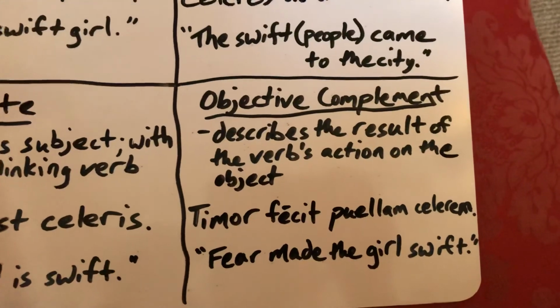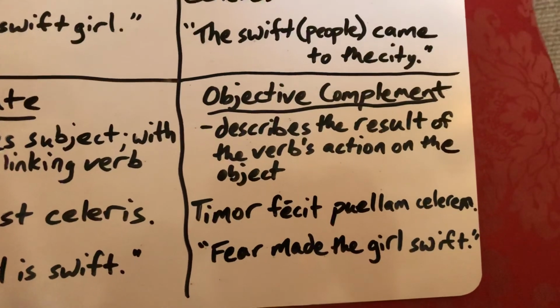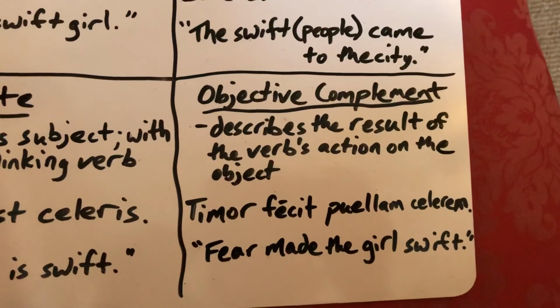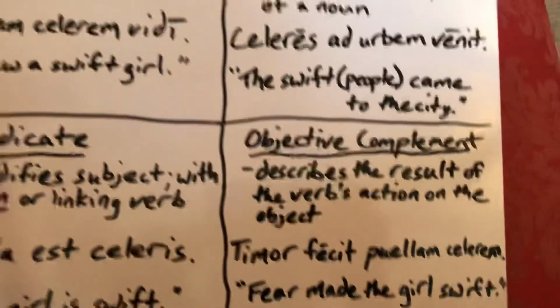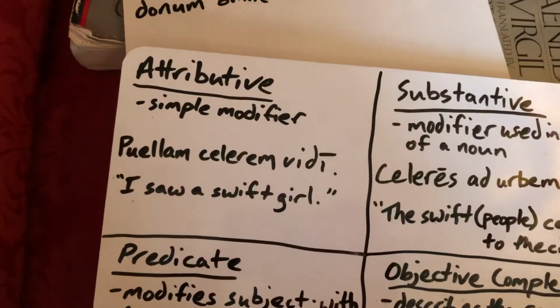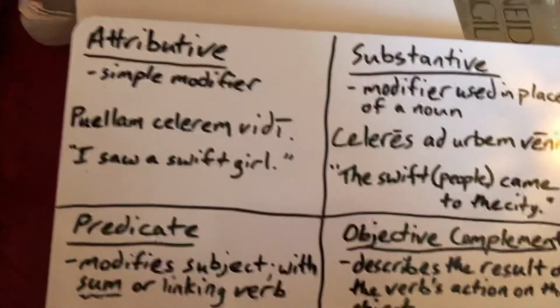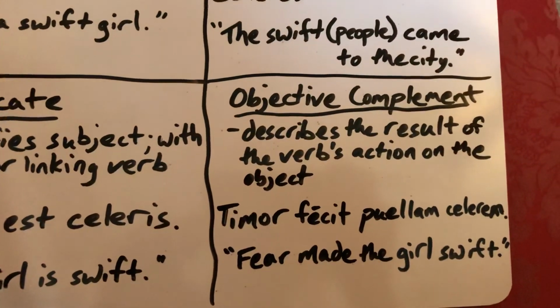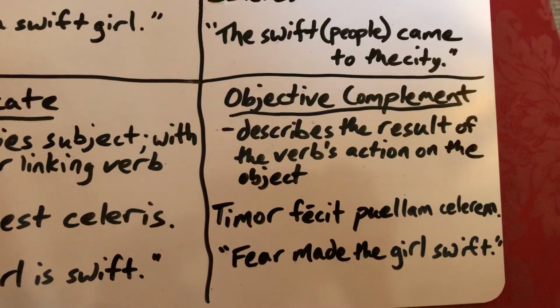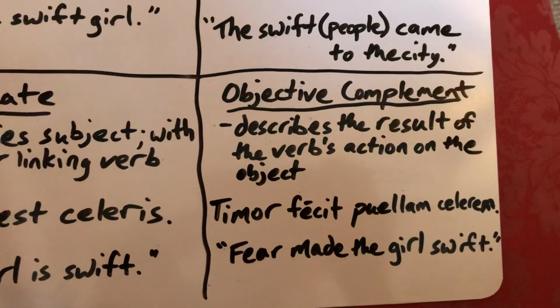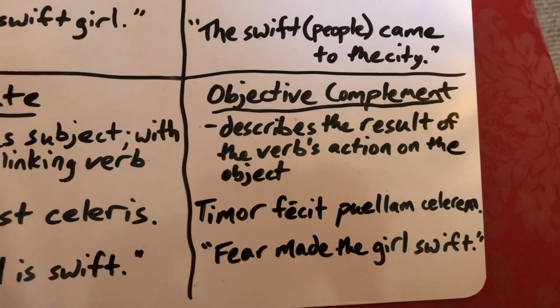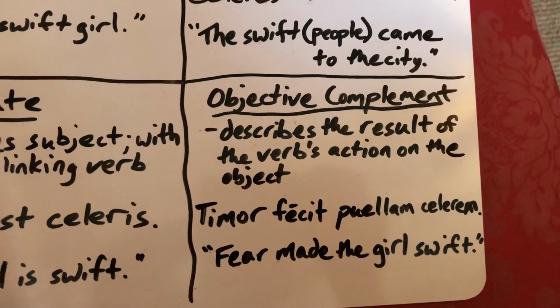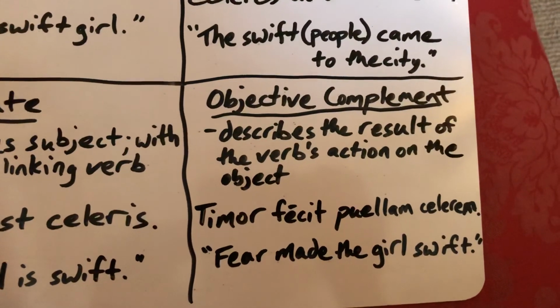Your book has a very good example showing the difference between an objective complement and a regular attributive. In the sentence it gives you, it's very different to say, she painted the yellow house, which would simply be an attributive, to an objective complement, meaning she painted the house yellow.